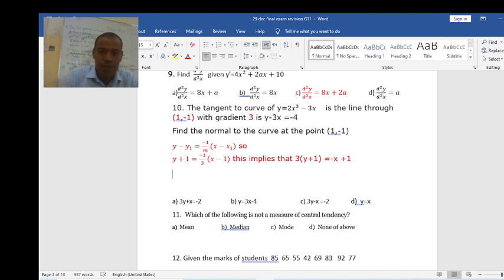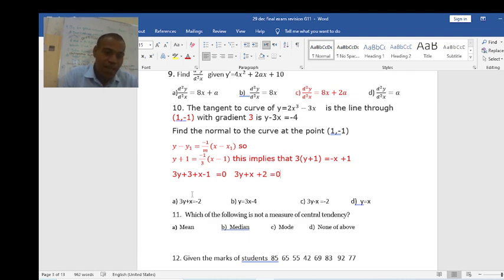Clear? Then let's expand: it will be 3y plus 3, plus x minus 1 equals 0, because I transferred all the terms in x and the real numbers to the left hand side. So 3y plus x, then 3 minus 1 is plus 2, equals 0.